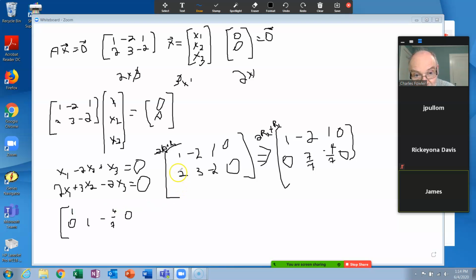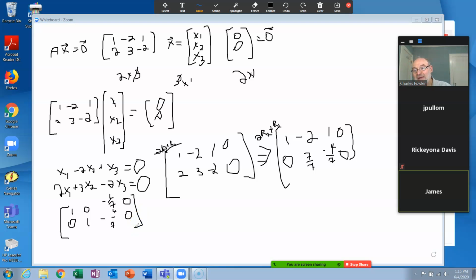And then 2 times 1 is 2 minus 2, that's a 0. That's exactly what we wanted there. And then we have 2 times a minus 4/7, which is a minus 8/7, right? Plus minus 1, which is 7/7, and that leaves us with a minus 1/7 on the top. And I would wind up with more fractions here where I don't have room to write them. But guess what that last one turns out to? It stays a 0.